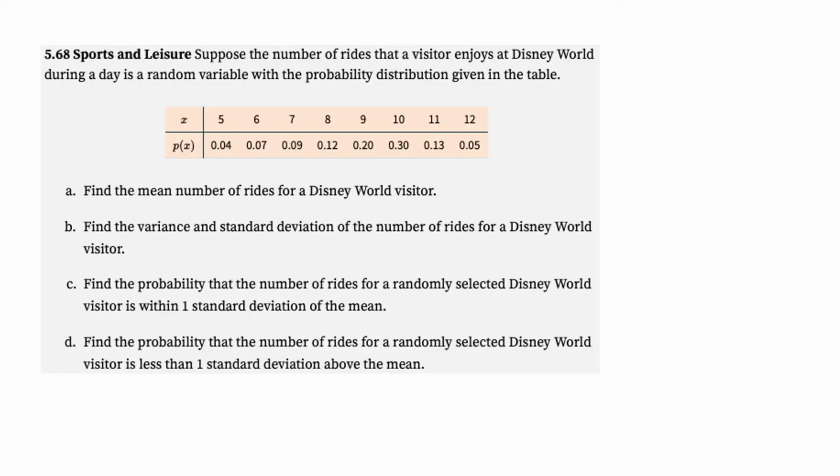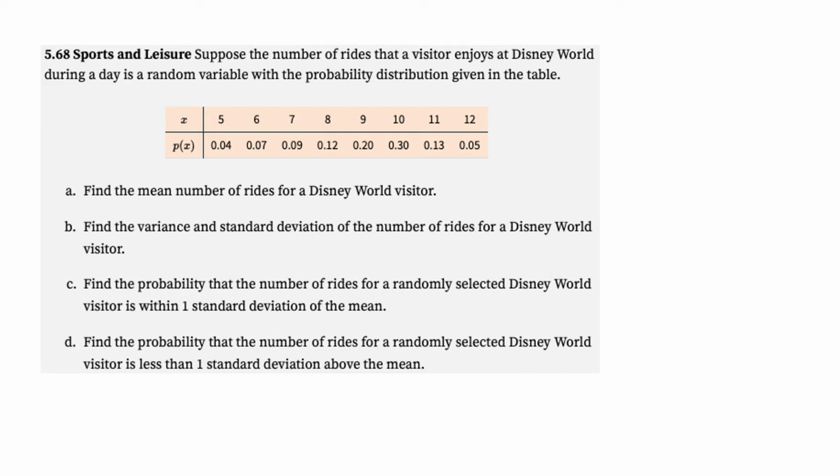Okay, so 5.68. Suppose the number of rides that a visitor enjoys at Disney World during a day is a random variable with the probability distribution given in the table. We get the classic table that we've been seeing with some new values in it. And this is what a question would look like if it's got some additional flavor.